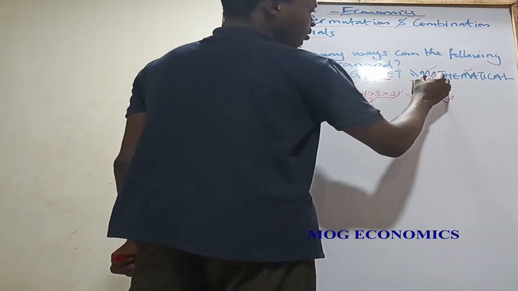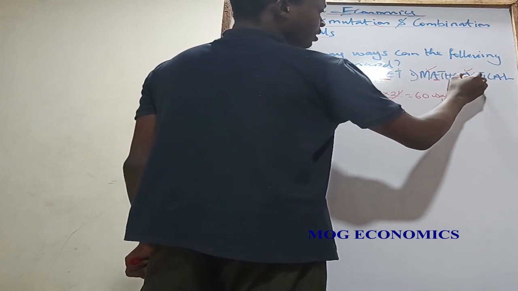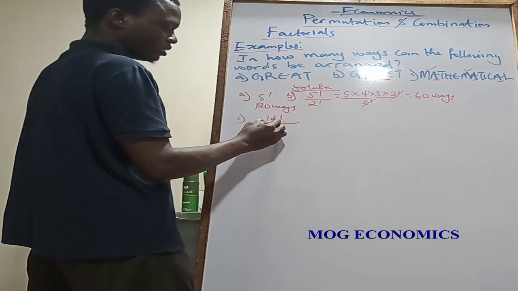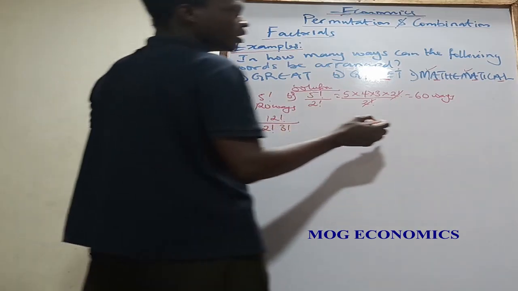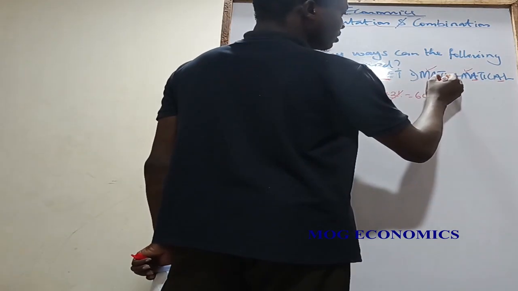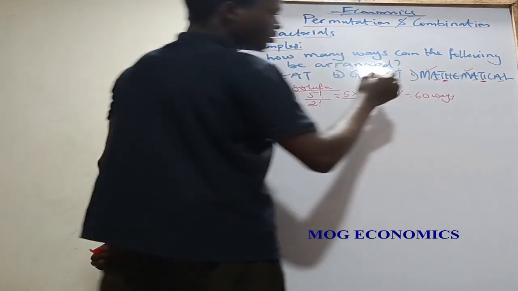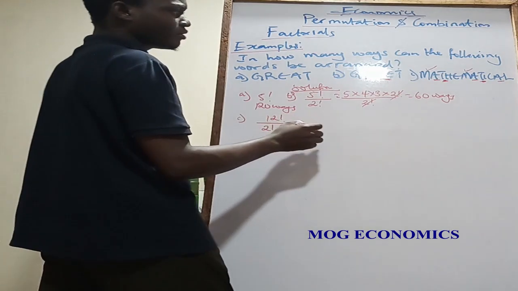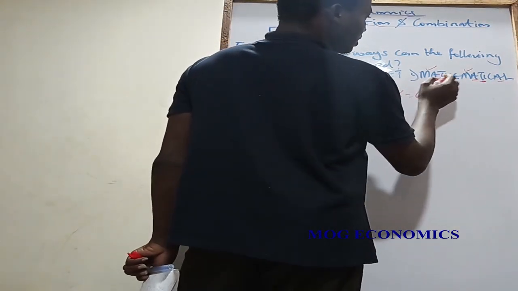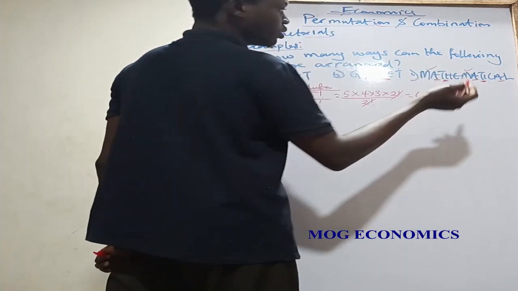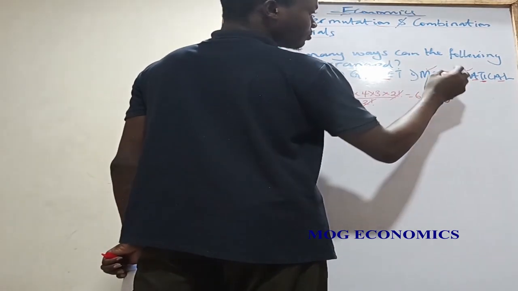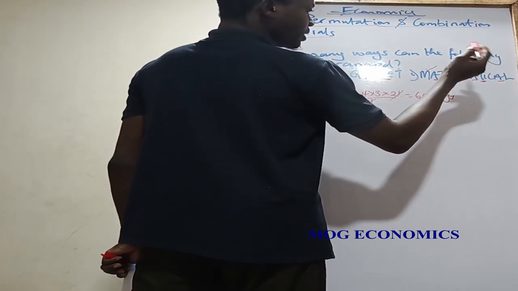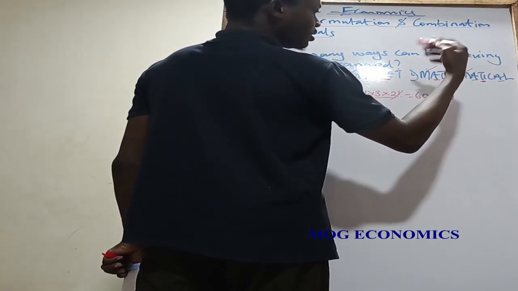How about A? A is here, A is here, A is here. So 3 factorial. You see the way it's going. Then is there any other? T is here, T is here, right? So you have 2 factorial again. Then H, just one H, E is just one E, I is just one I, C just one C.